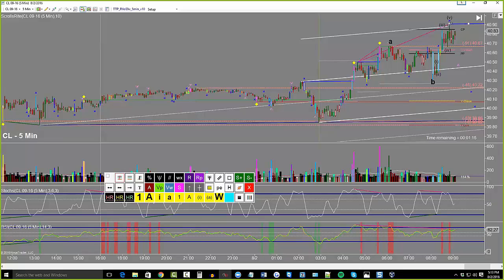So what we had here at the high was a central pivot, which is also the midpoint of the week, being that Friday was the high. Looking back at the previous week, I want to say Friday was the high.